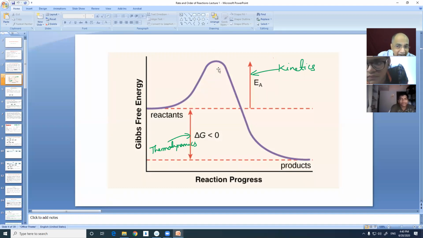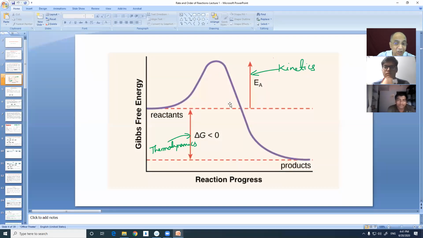If this hill is very, very high, then it is a very slow reaction. Many molecules cannot traverse this hill, this mountain, very fast, so it will be a slow reaction. If it is a very small hill with a very small height, then the reaction will be very, very fast.